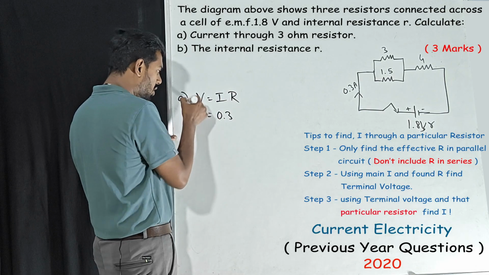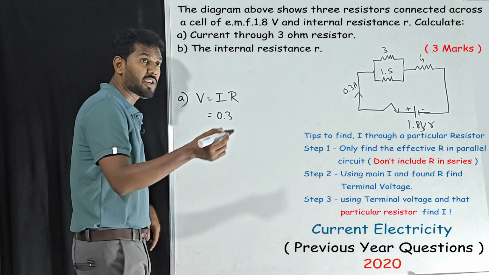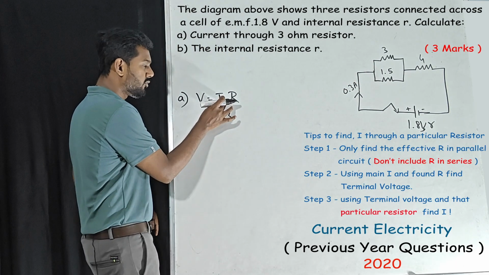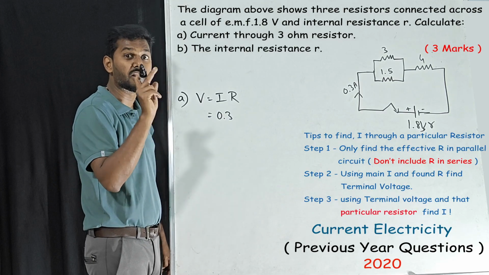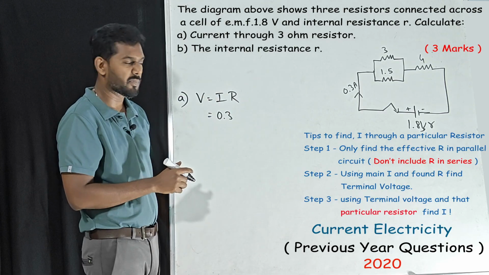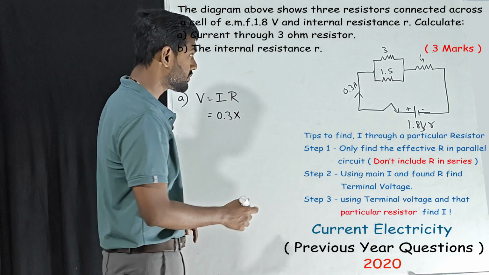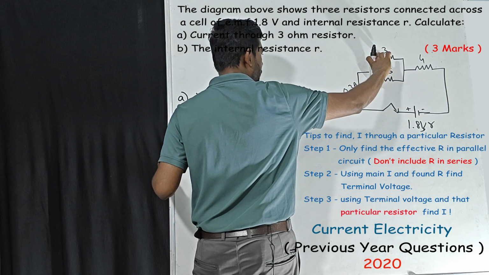This is the complete current in the circuit. What do we require? Current in the 3 ohm resistance. So to find the current in a particular resistance, we require terminal voltage, not the EMF. So this is 0.3 into R. What is R? R is nothing but these two values. We have to take only these two.